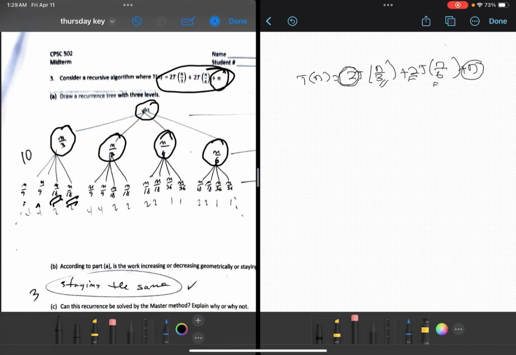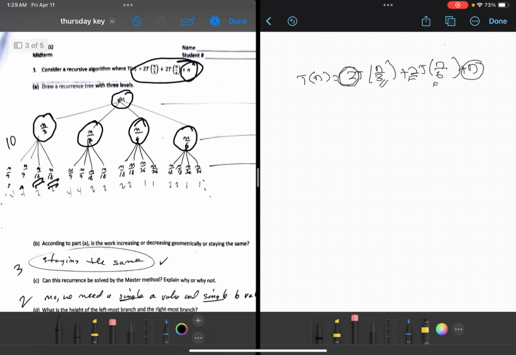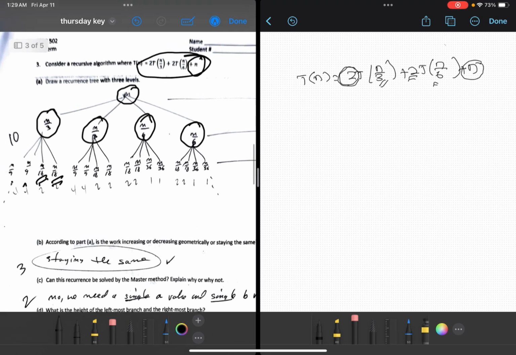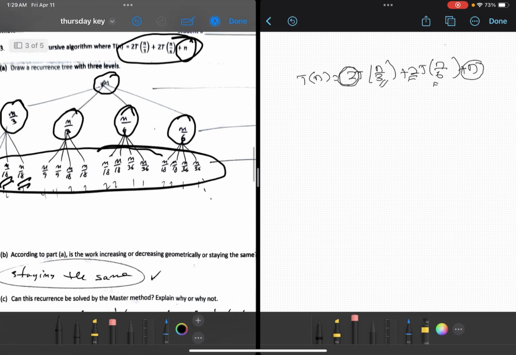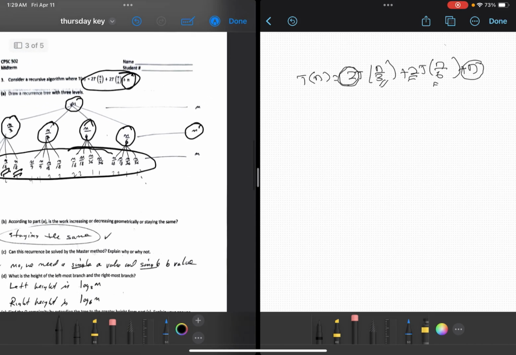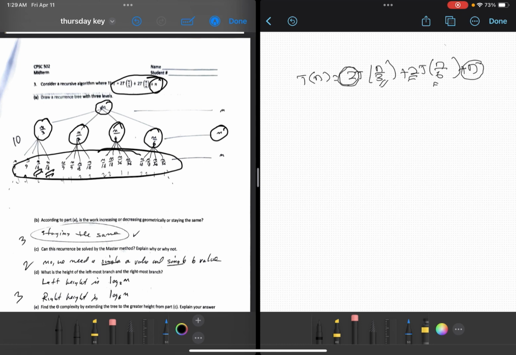So in this way we can draw the whole recurrence tree, and this here is going to be the second level of the recurrence tree. And after putting in all the values, if you try to compute the total work done in the second level, it is going to come up to n again. Add up all these values and you will again end up with the total work done n. So that is basically how you draw the recurrence tree.